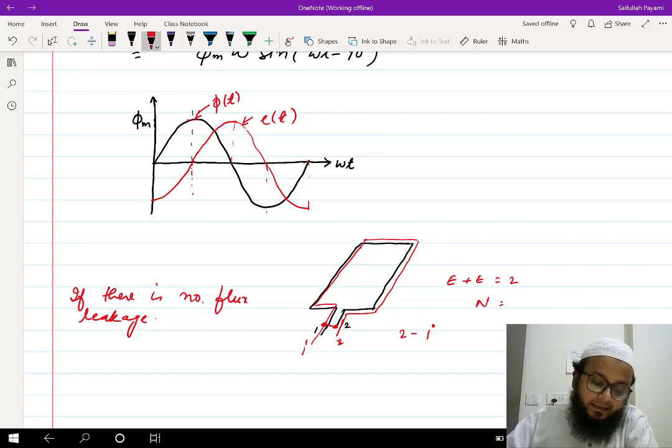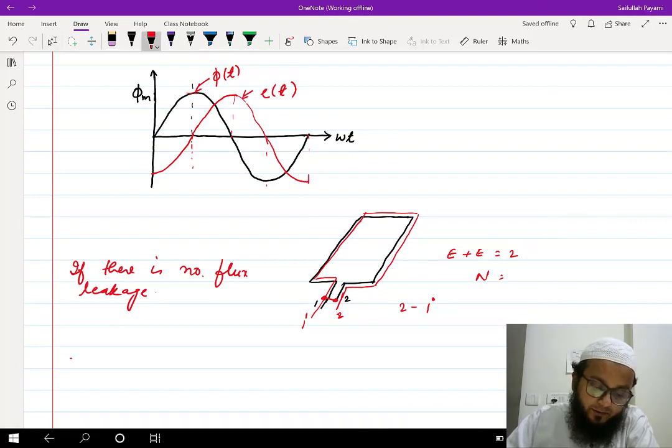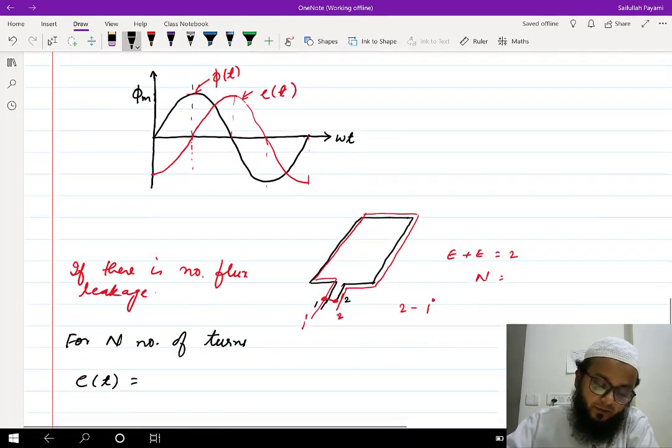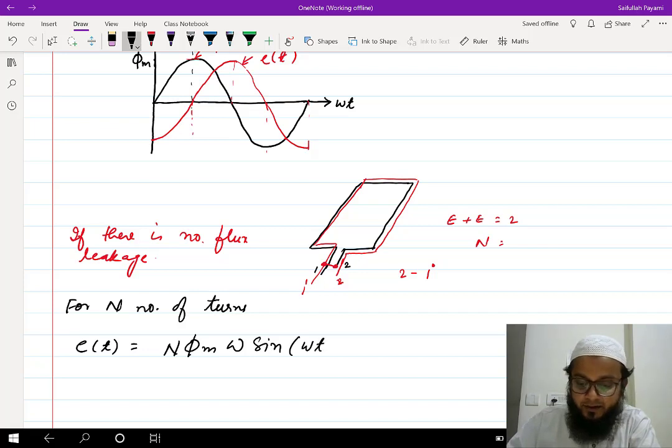We can directly say that for n number of turns or loops, this induced EMF would be n phi m omega sine omega t minus 90 degree.